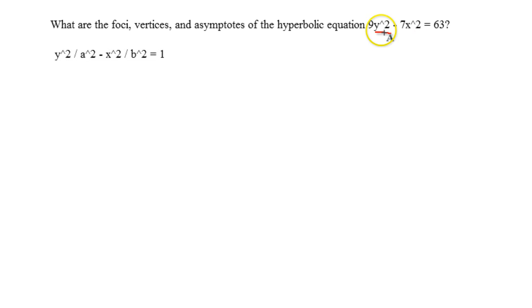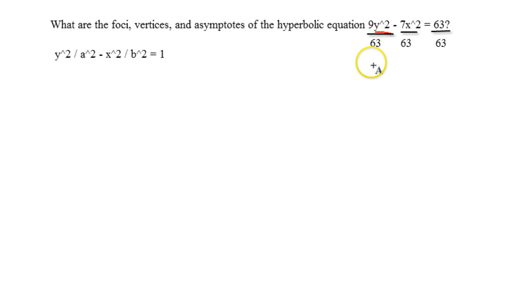Now, if you notice, this is going to be a lot like the elliptical formula. I need it to equal 1, so I'm going to divide everything by 63, and then reduce all the fractions.